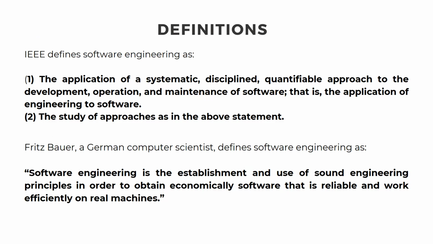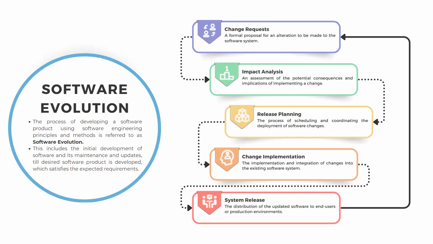According to Fritz Bauer, a German computer scientist, software engineering is the establishment and use of sound engineering principles in order to obtain, economically, software that is reliable and works efficiently on real machines, which will be fast, computationally feasible, and also reliable while it is working.